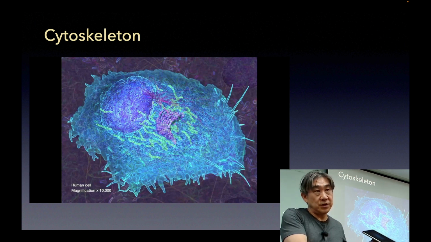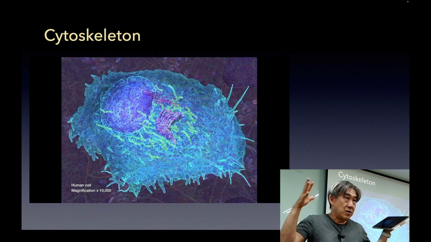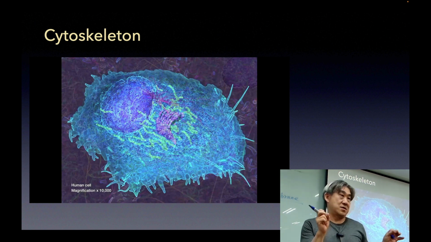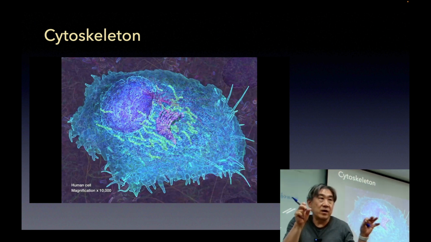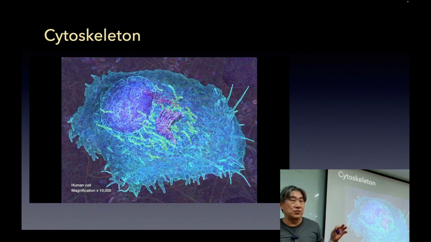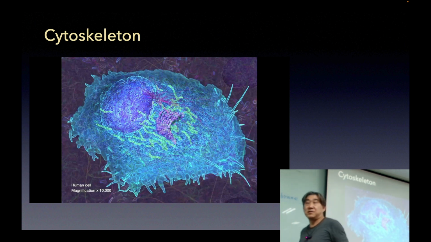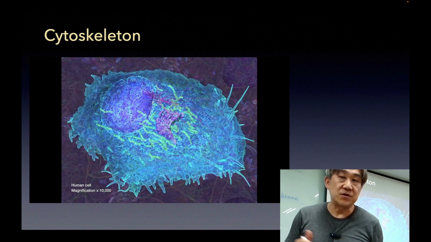The difference between proteins and organelles is that organelles are membrane-bound. Any organelles inside eukaryotic cells are enclosed with their own membranes, whereas these cytoskeletons are devoid of any such membranes. So they are strictly just proteins only.